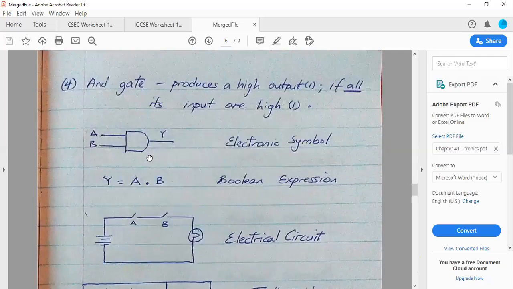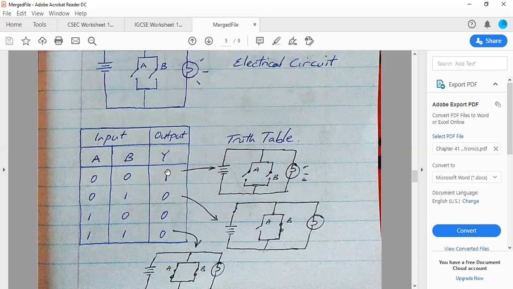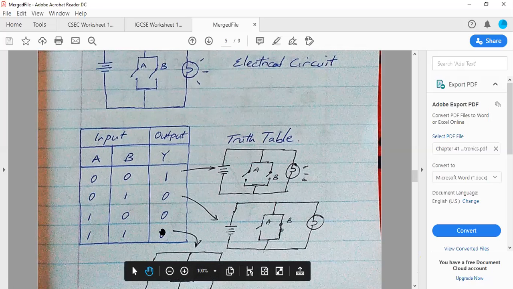One similar to that is your NOR gate, which is when you have both zeros come in, you're going to have a 1, and both ones, you're going to have a 0.